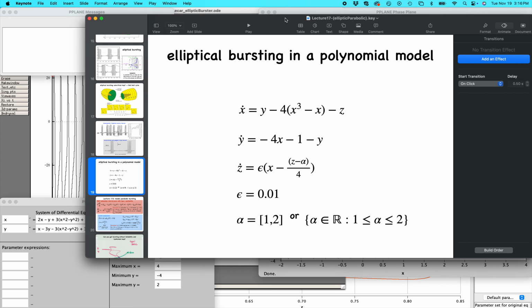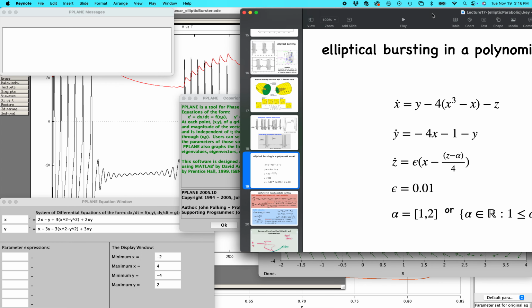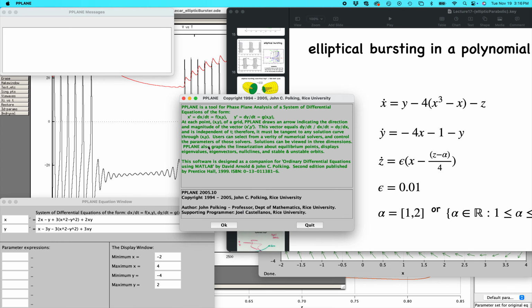Okay. So here are the equations. Going to P-plane.